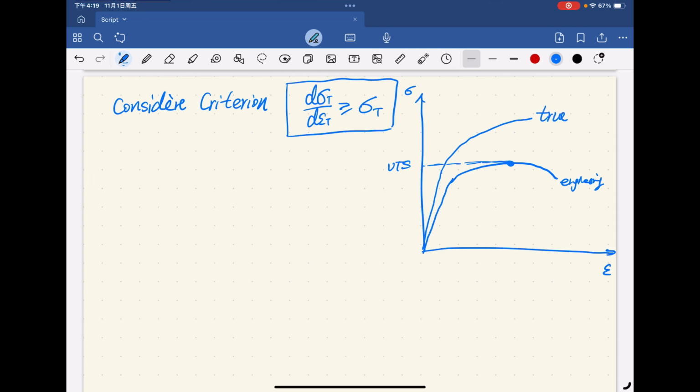And for the true stress strain, we can also plot another curve with true stress and true strain. But in this curve, it's kind of difficult to find the UTS point, because the UTS point is just the necking point. Because when necking happens, the stress just falls down, because this is the end of strain hardening.